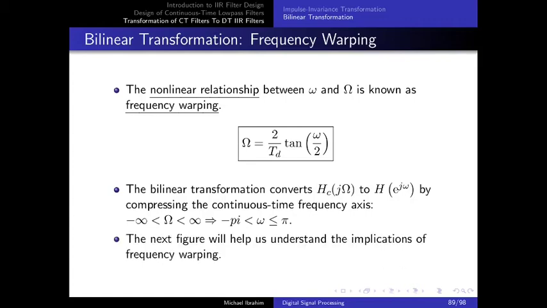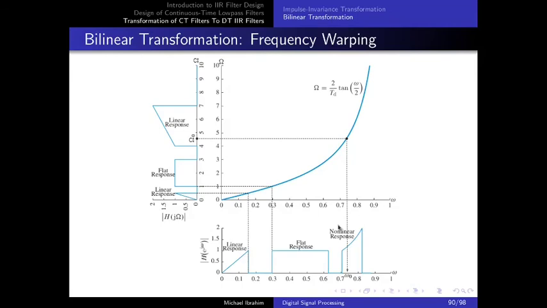And the next figure will help us understand the situation and the implications. So, this is a nonlinear relationship between lowercase omega, the discrete time frequency, and uppercase omega. As you can see over here, the curve is almost linear up to 0.3 pi.